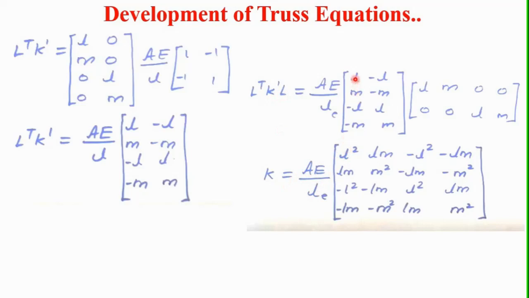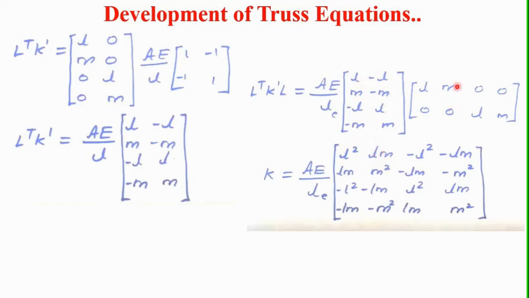So therefore this l into this l, l square, plus minus l into 0 is 0. So therefore the first term will be l square here. Now this second term, l into m, that is lm, plus minus l into 0, so therefore the second term will be lm.